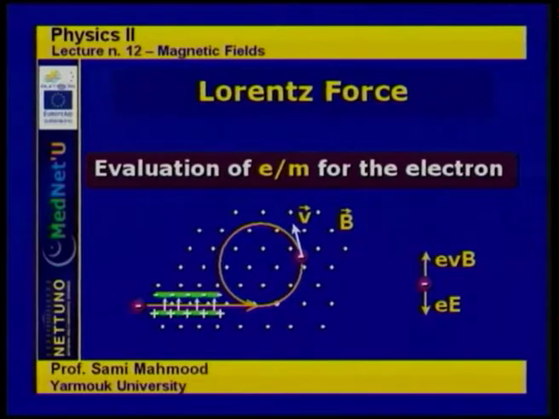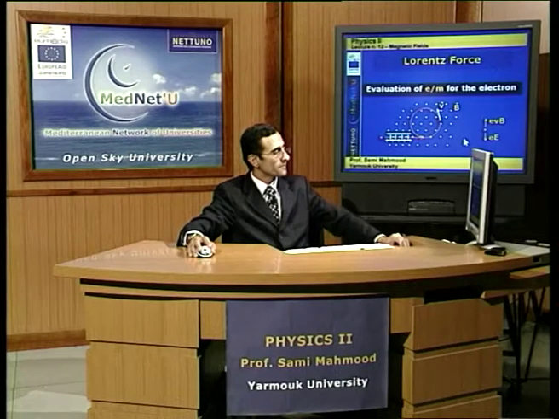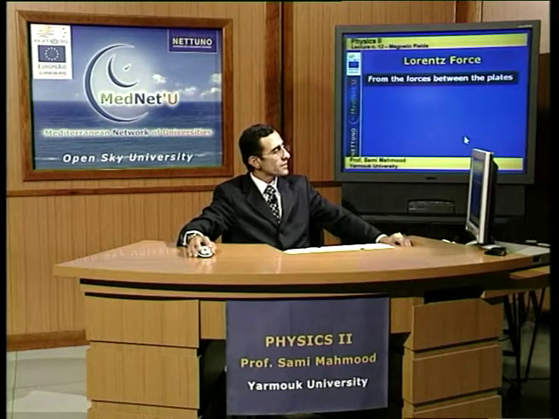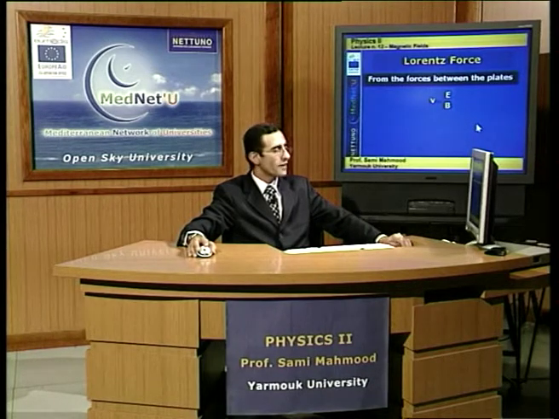So the electron will go through a circular path in the magnetic field. That is due to the fact that the magnetic force is always normal to the direction of the velocity. And this is the basic principle, and here we start discussing the relations by which we evaluate e over m.